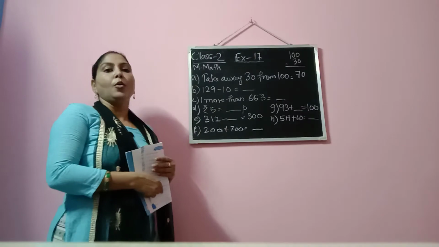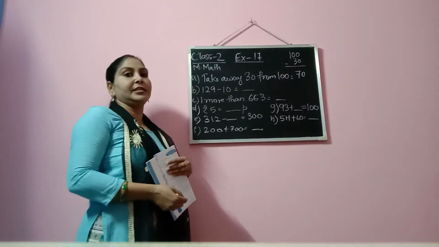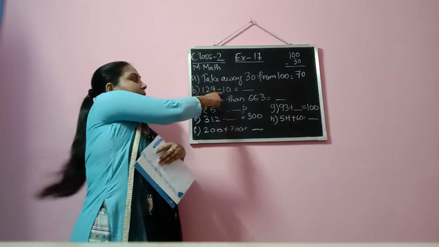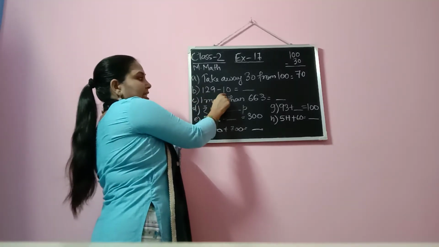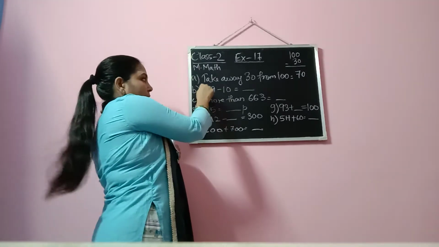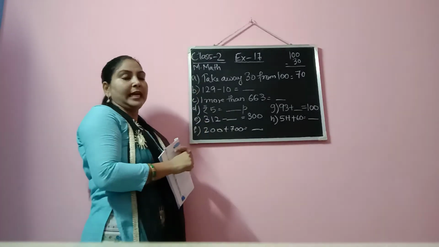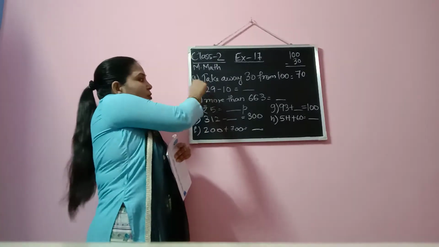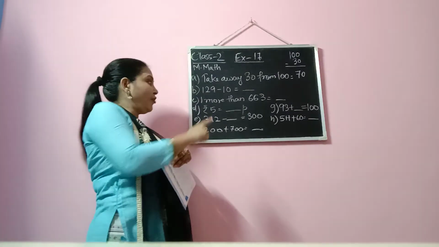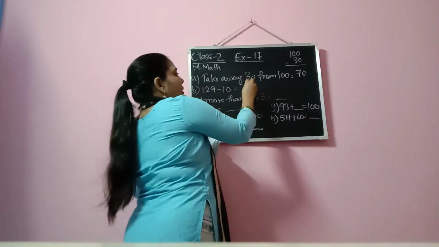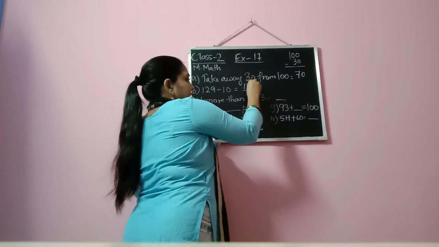Next question. 129 minus 10. There is only 10. This ten will be subtracted in the tens place only. In the tens place 2 is there, and if I subtract 10 from here, I will have 119.